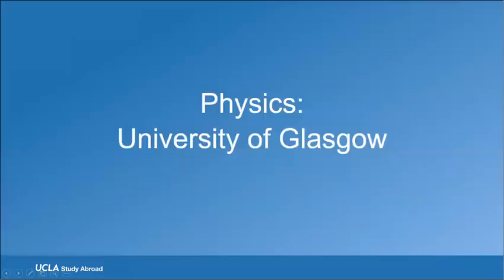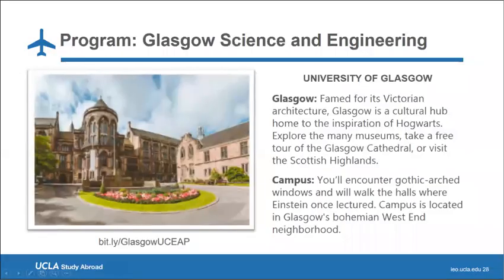So now I want to dive a little bit more into what to expect at that respective university and the respective curriculum when you are abroad. First, we'll start with physics at the University of Glasgow. Glasgow is famed for its Victorian architecture. It's a huge cultural hub, and if you're a Harry Potter fan, it was the inspiration for Hogwarts. In the city of Glasgow itself, you can explore many museums, tour the Glasgow Cathedral, or visit the Scottish Highlands.